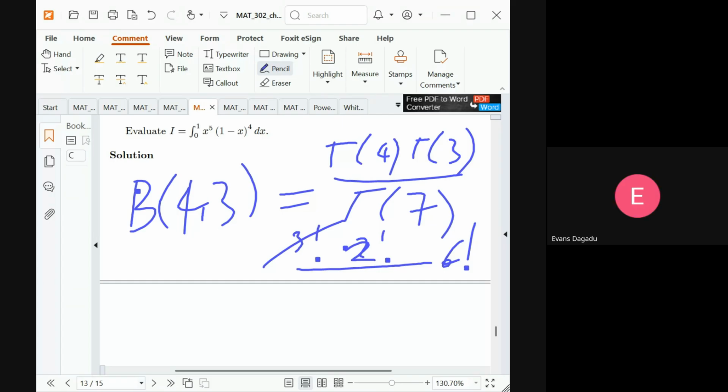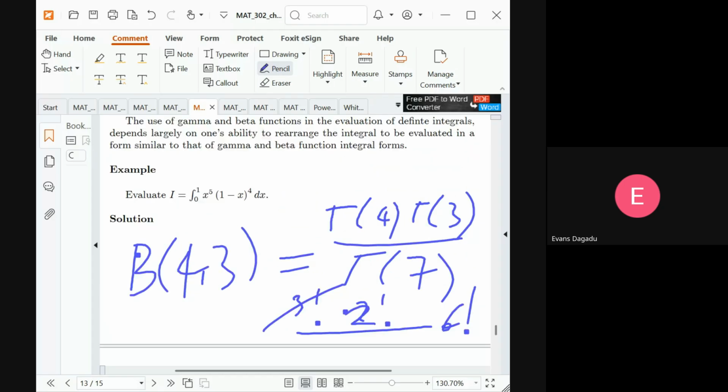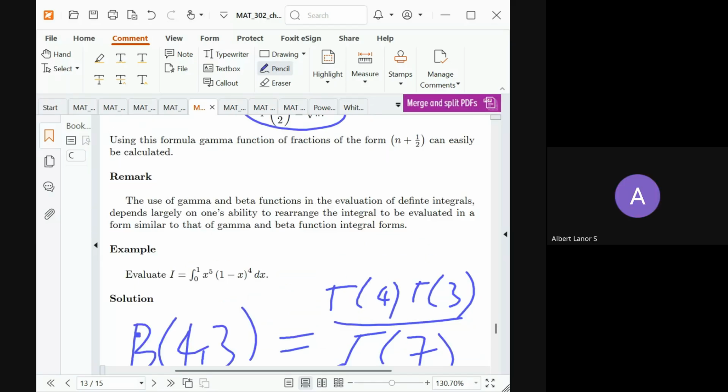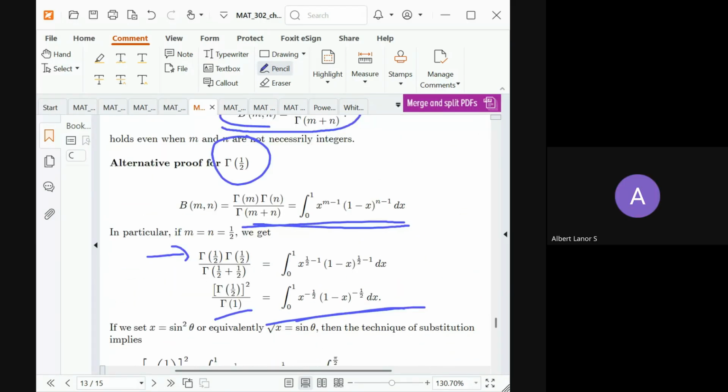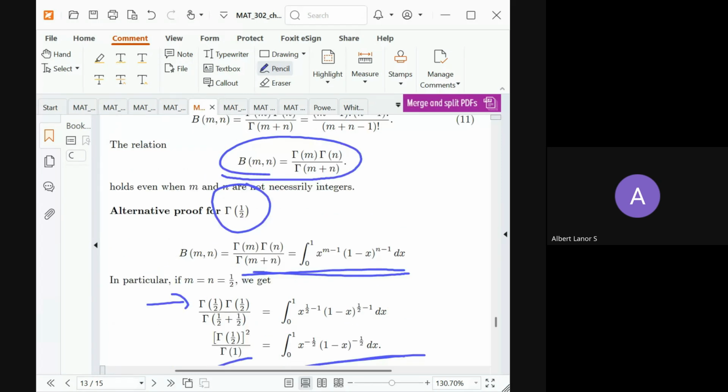Please, the 4 and 3, where did you get it from? Explain that 4 and 5. What is the beta function? The beta function is like this: gamma of the first value, gamma of the second value, divided by the gamma of the sum.